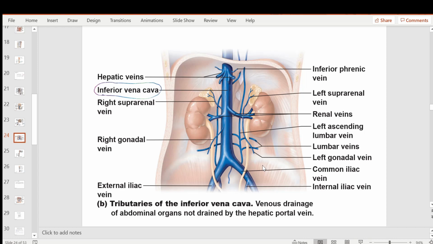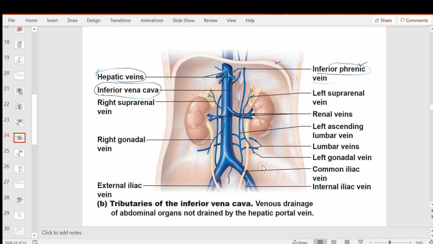Inferior vena cava receives deoxygenated blood from the abdominal organs. From the liver, hepatic veins bring the blood into the inferior vena cava. From the diaphragm, phrenic vein. The word phrenic indicates diaphragm.